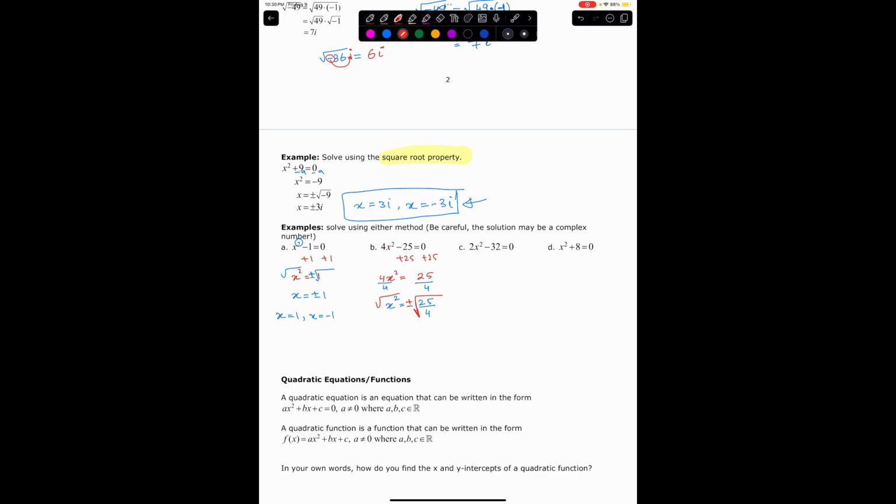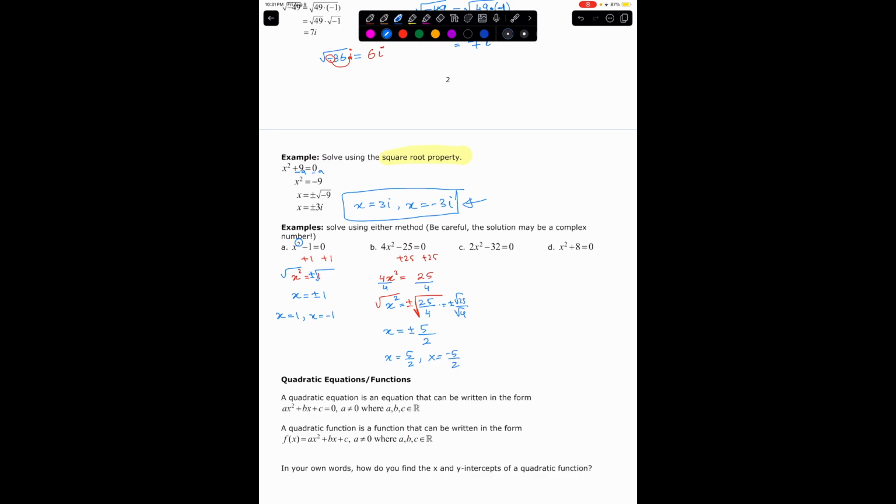So the left-hand side is going to be x equals positive or negative. The radical of a quotient can be written like this: positive and negative square root of 25 over square root of 4. So it happens with multiplication and division. It can split actually. So now I have the square root of 25 is 5 over the square root of 4 is 2. So the solutions are x equals 5 over 2, x equals negative 5 over 2.